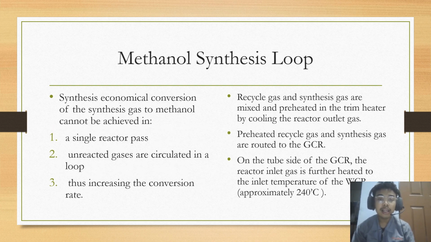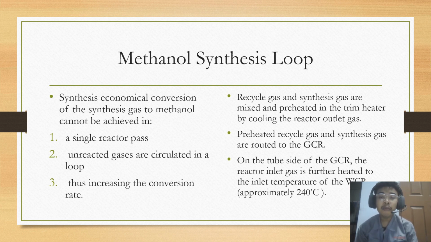Other than that, we're going to proceed to the methanol synthesis loop. Economical conversion of the synthesis gas to methanol can be achieved in stages, beginning with a single reactor pass. Second, unreacted gases are circulated in loops, thus increasing the conversion rate. Recycled gas and synthesis gas are mixed and preheated in the trim heater by cooling the reactor outlet gases.